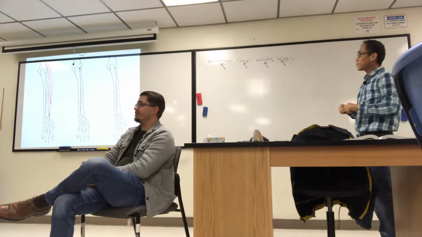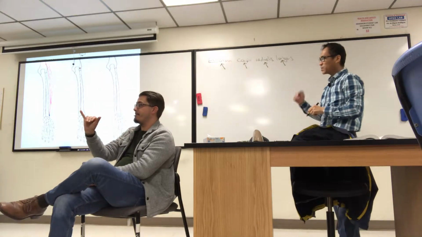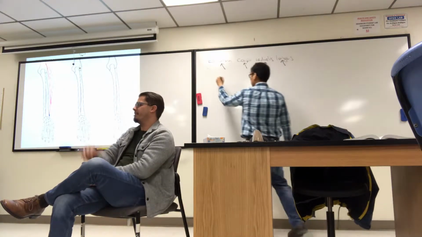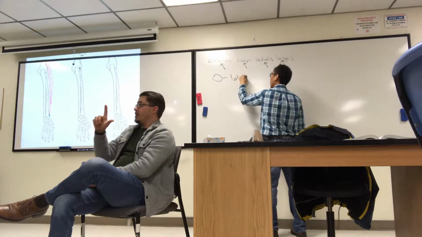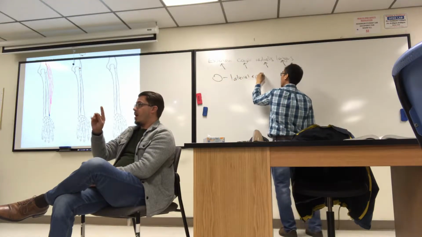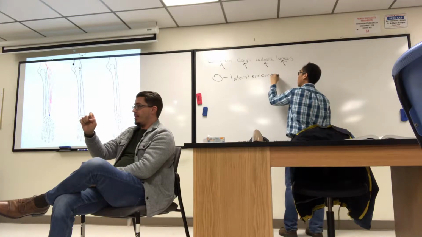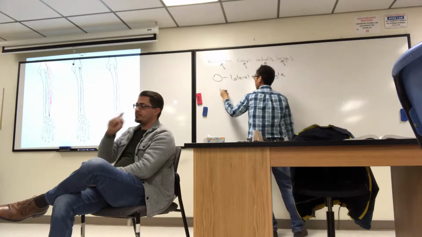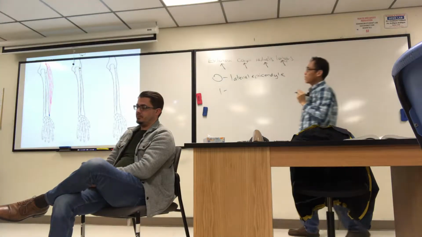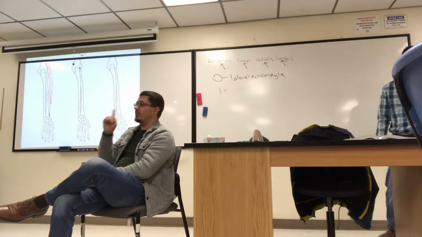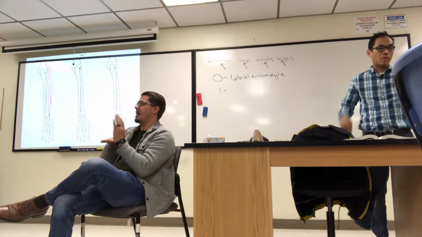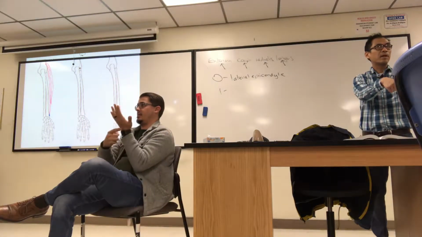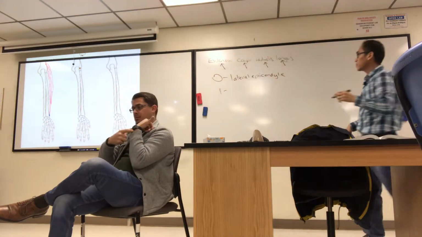And it's the same in terms of attachments, basically. It originates pretty much at the lateral epicondyle. This one is going to insert at the base of the second metacarpal, but now we're on the dorsal side, right? Because we're in the extensor compartment.